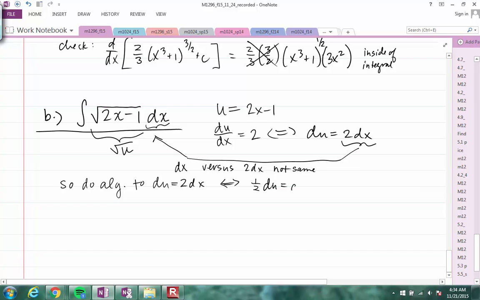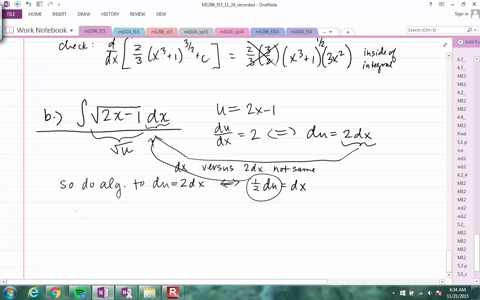Notice that we're solving for dx, so you can put in 1/2 du, and that would be totally fine to find the integral that results. It just differs by a constant because we have a constant multiple rule for both integrals and derivatives. So doing the substitution here is 1/2 du for dx.